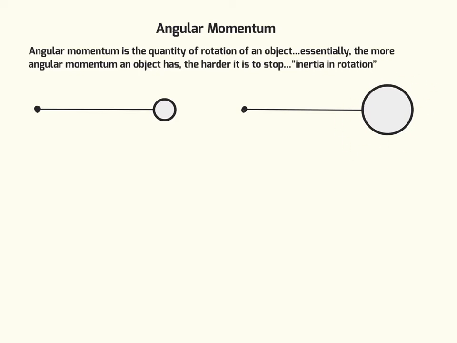So our basic moment of inertia equation for something like this is I is equal to mr squared. Well, we know that r is the same for both of these, but this guy has a little itty bitty mass and this guy has a big mass over here. So obviously then this guy has a much larger moment of inertia than this guy.